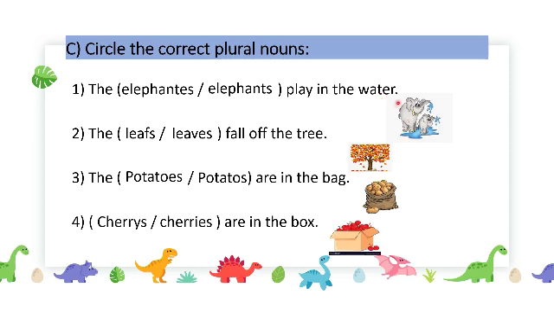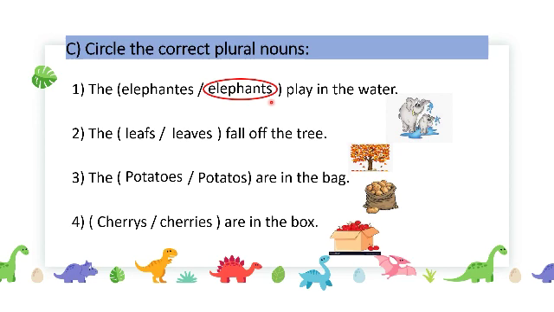Here you can see two elephants. Now students, you have to identify which one is the correct one. This first one or this second? Yes, you all are right. The second one, elephants.